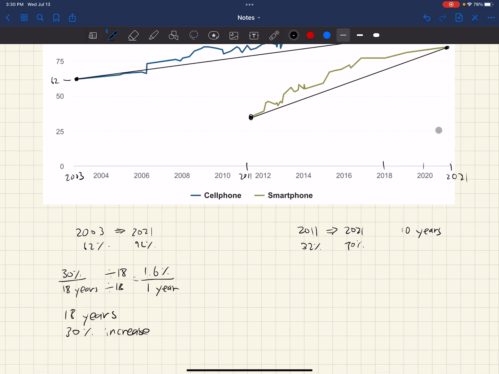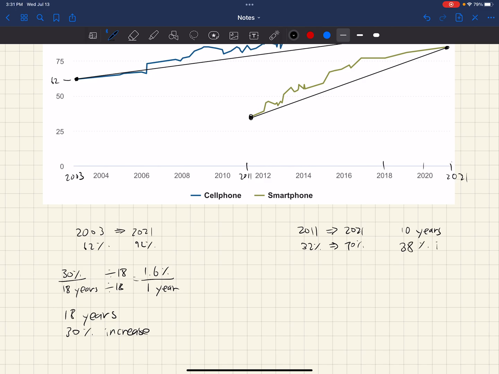In 2021 it has that much. So that's 32 to 70. The difference between 32 and 70 is 38. So 38% increase.